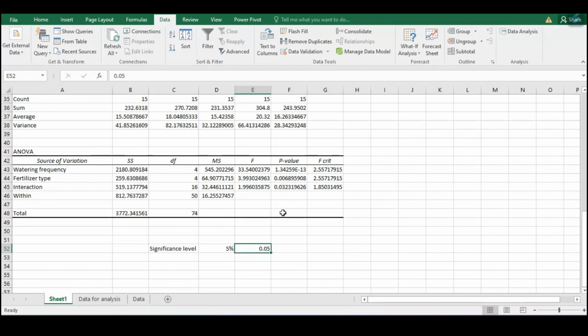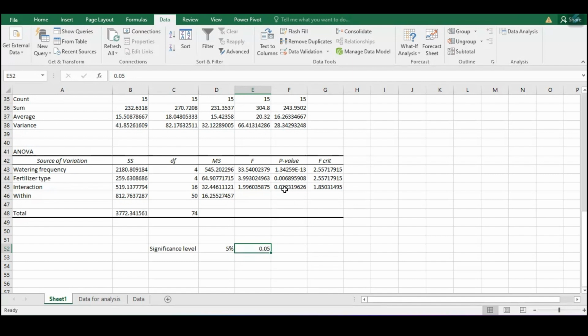And what is our null hypothesis? Watering frequency has no influence on fruit weight, or there was no significant difference in the fruit weight across all the watering frequency. So we go to the next one, 0.006, which is still less than our significance level. So again, we reject the null hypothesis and conclude that there is a significant mean difference in fruit weight across the fertilizer type.